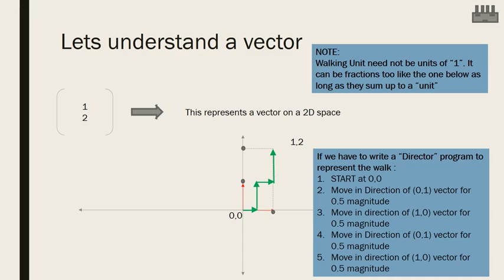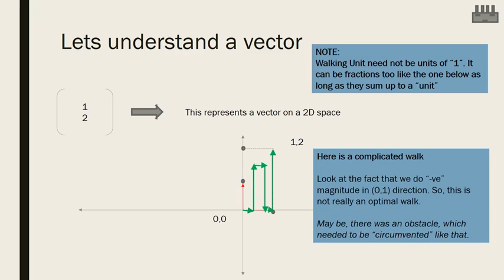It's all the same. Now look at this. Here we go up and then we come down. When you come down, you're actually going along the negative of your axis. It is still fine. You are still walking along your axis in various directions and various magnitudes, and still you reach your point 1, 2. If you add all the vectors that you see here, you basically get 1, 2. That's the whole idea. You can walk in fractions as well. It's not like you should always walk 1 and then walk 2.